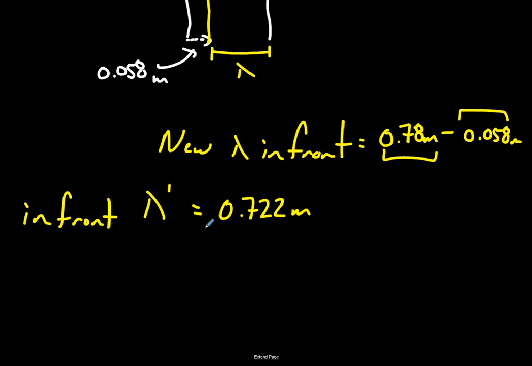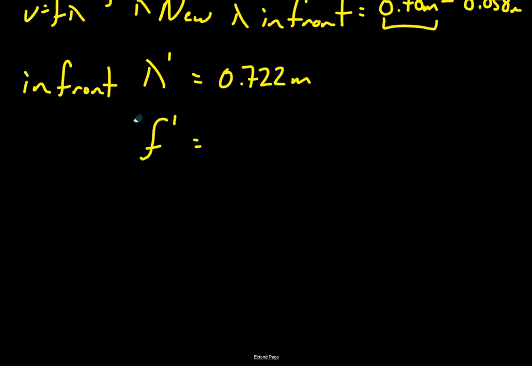So then what frequency are we going to hear in front? We'll call this the new frequency, or the Doppler shifted frequency. If V equals F lambda, then F should be V over lambda, and of course it's lambda prime. This is still the velocity of sound in air.